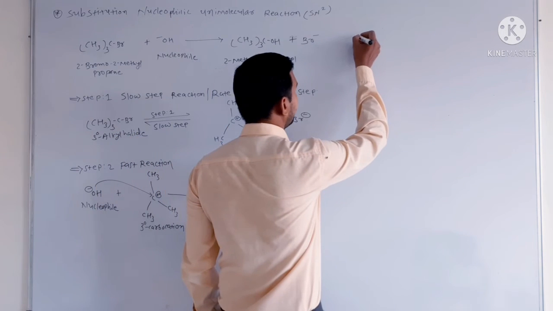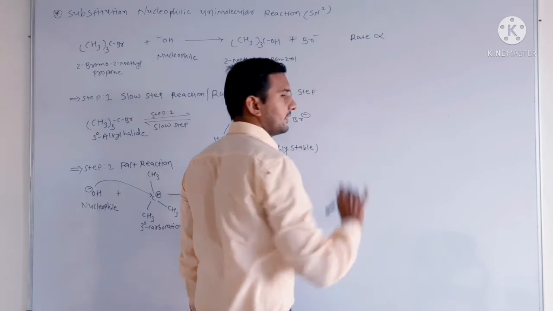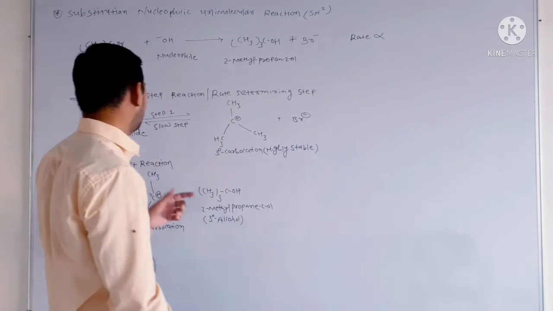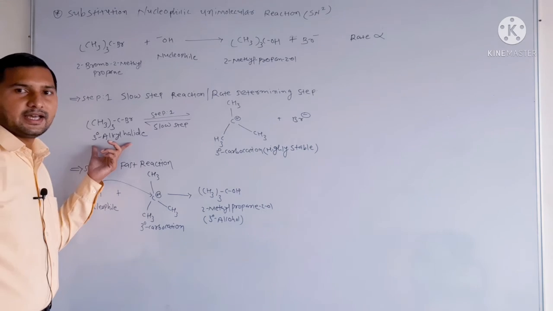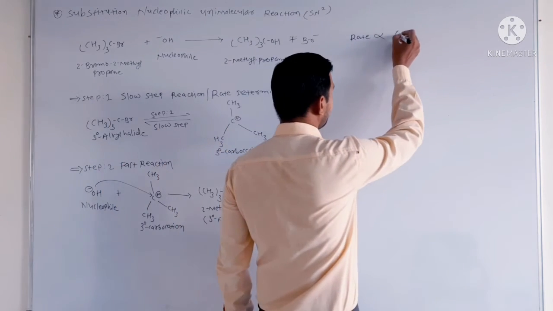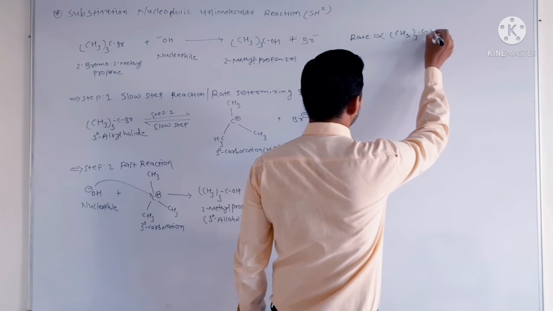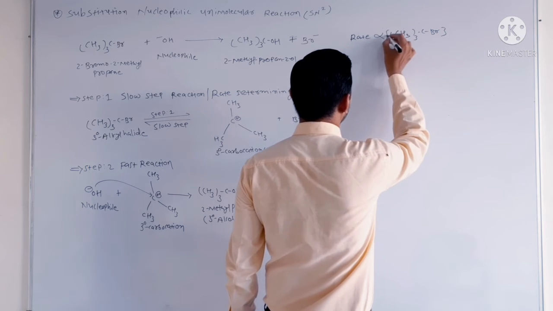So the rate of this reaction is directly proportional to the tertiary alkyl halide, (CH3)3CBr.